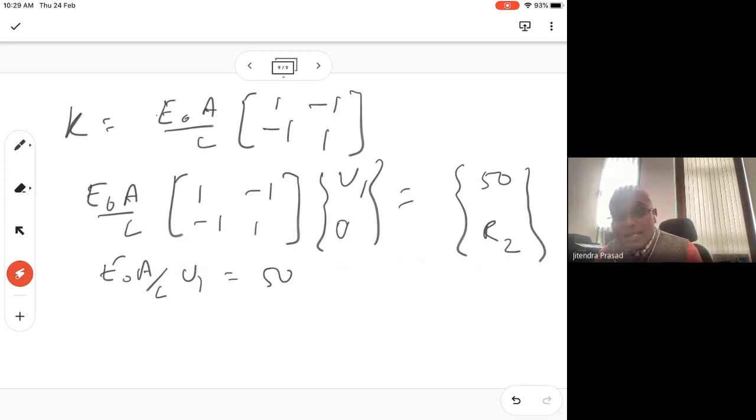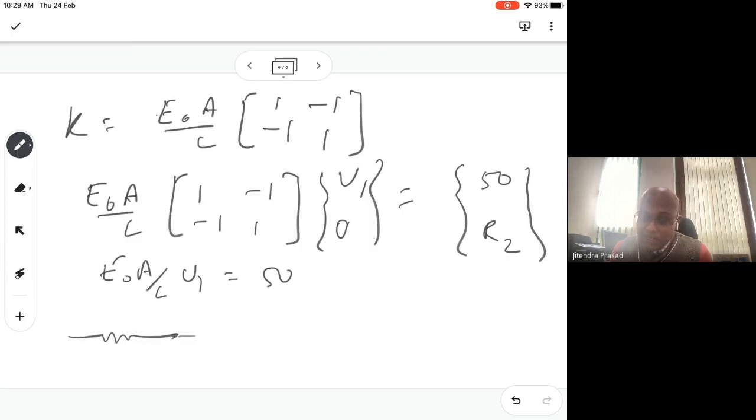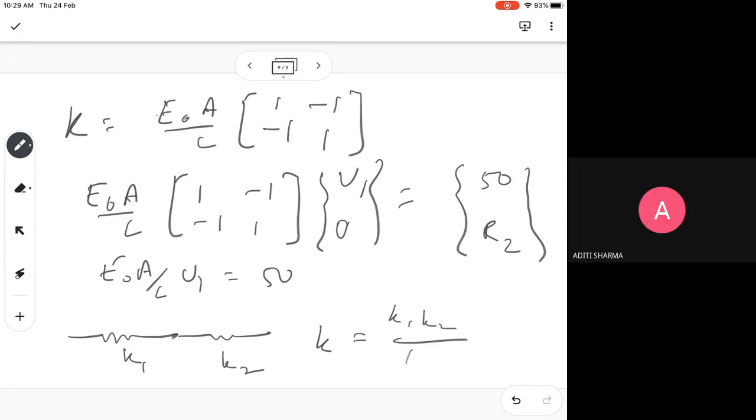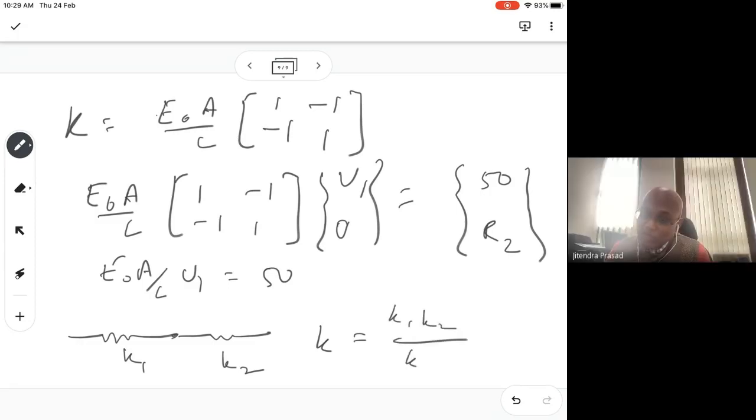Okay, now looking at this, what is the problem? Problem is if you have a spring, you know that when you have two springs K1 and K2 in series, then the K is given by what? It will be K1 times K2 divided by K1 plus K2, right?